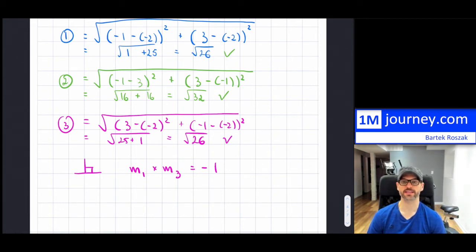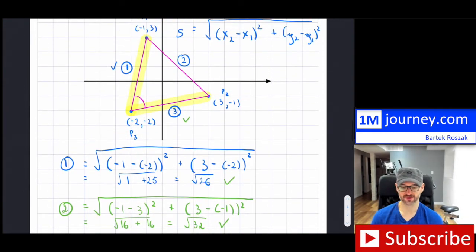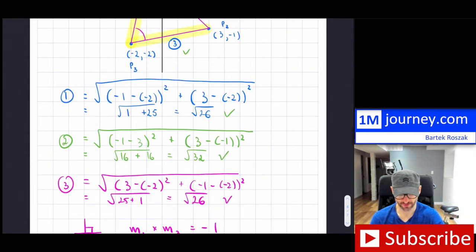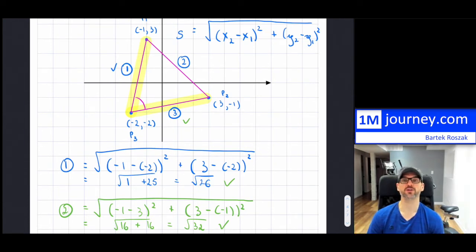So we can test that out. I'm going to create what the slopes are for each of them, and then we're going to run this test for ourselves to see if that's a right angle triangle. And if it's not, then we can conclude that this is just simply a regular isosceles triangle.